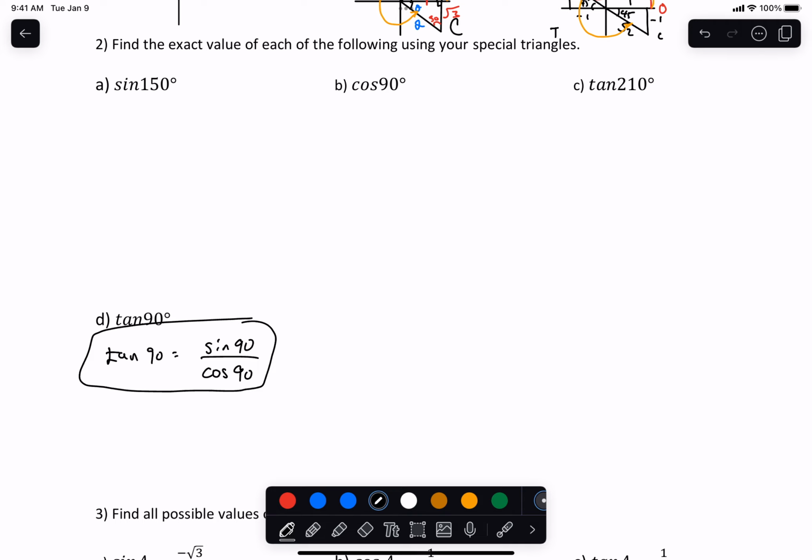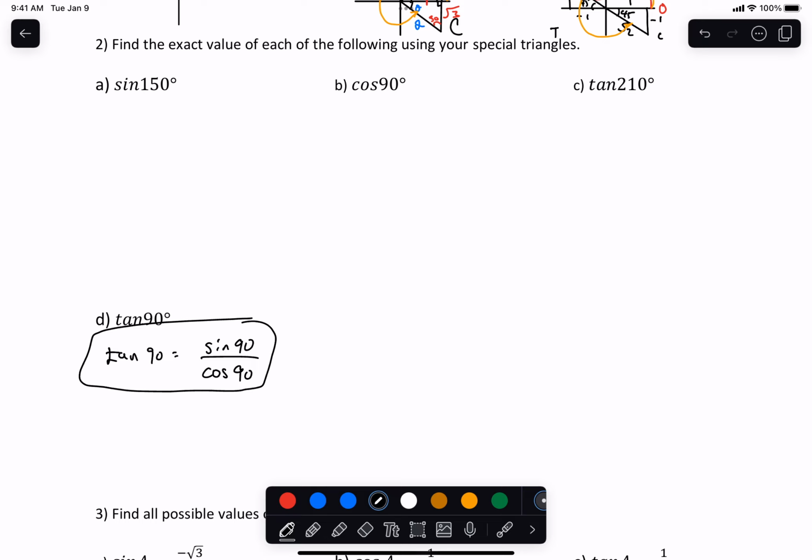It actually comes from the graph, which I'm not going to show you right now. In the second unit, we're going to be plotting these graphs and transforming them, and the graph depicts why the sine of 90 is 1 and the cosine of 90 is 0. You're going to see that just from the graphs. Are there any other questions you want to see?